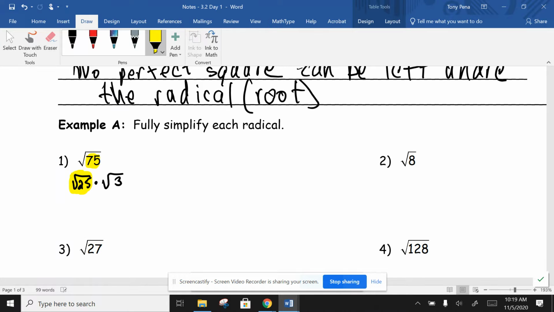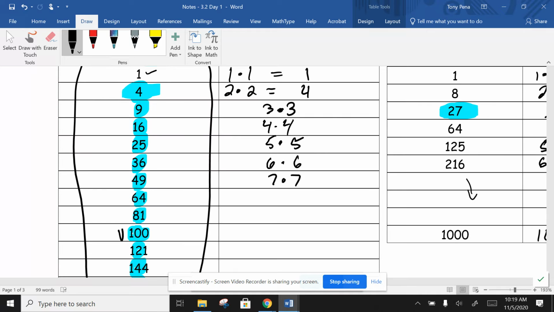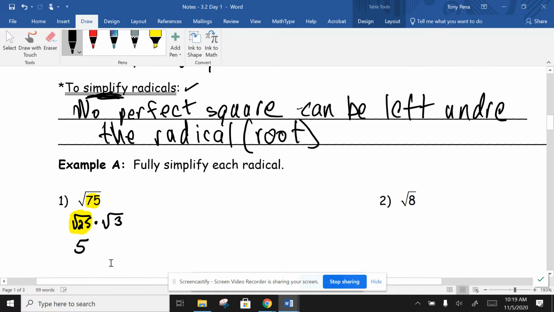We know the square root of 25, right? We don't have to plug that into our calculator, hopefully. The square root of 25 is 5. All right. So if we go up to here, any of these numbers I can do the square root of. The square root of 100 is 10. The square root of 25 is 5. The square root of 9 is 3. It's basically asking you what number did you square to get that. So in this case, we get a 5.